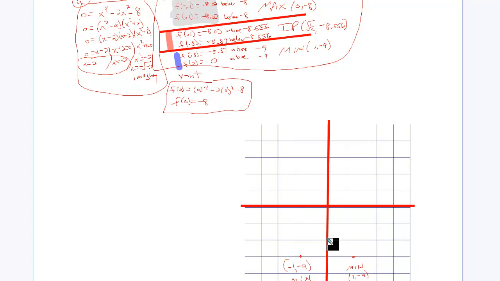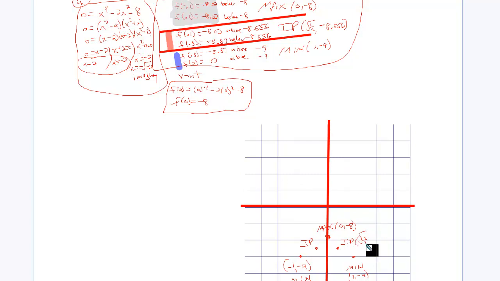We have a maximum at 0, -8. Let's say that's here. And we have inflection points between them. So about here is an inflection point, about here is an inflection point. I'm going to label those as well.